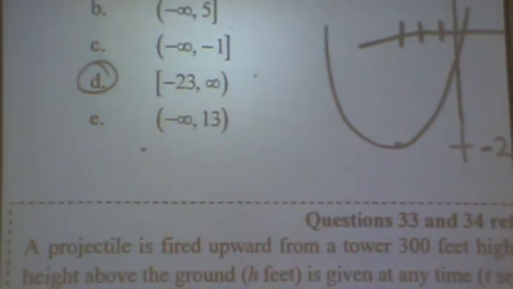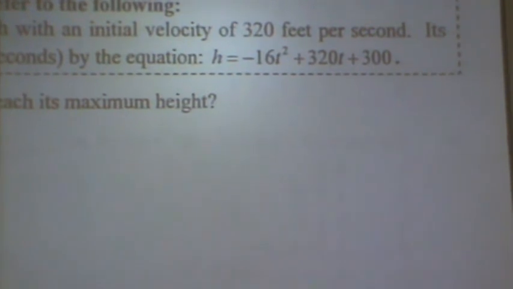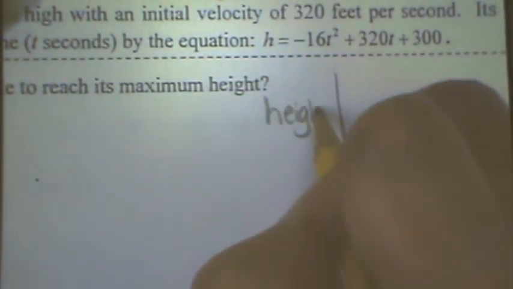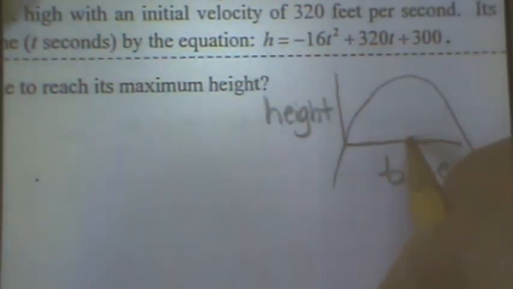We have a projectile being fired from the ground. They give you the formula, h equals negative 16t squared plus 320t plus 300. I want to know when, which is time. So when we graph this, this is time and this is height. It's going to look something like this. I want to know when it will reach its maximum height.